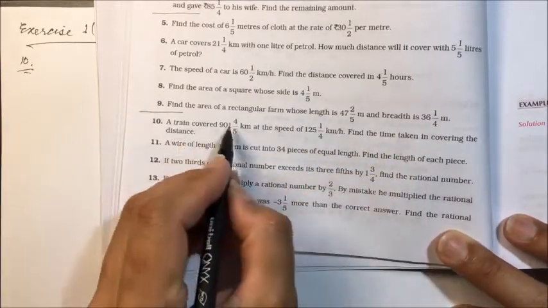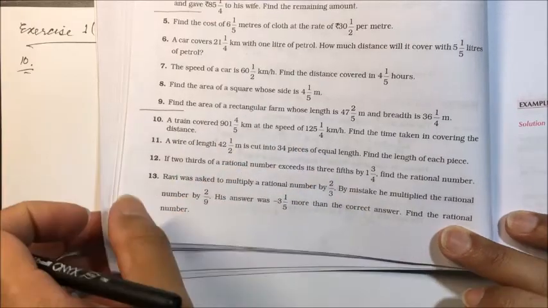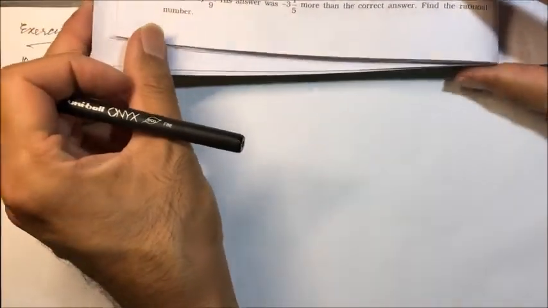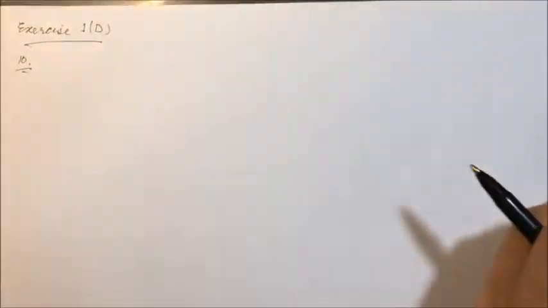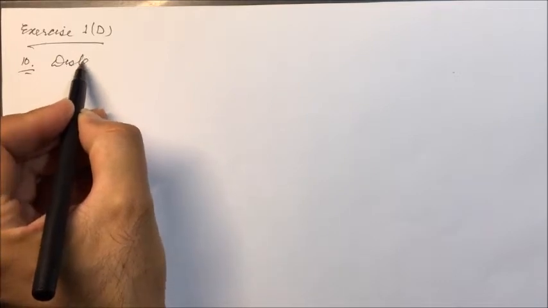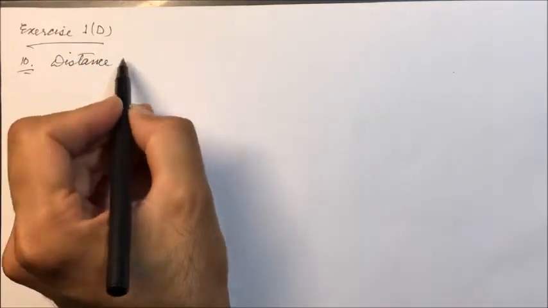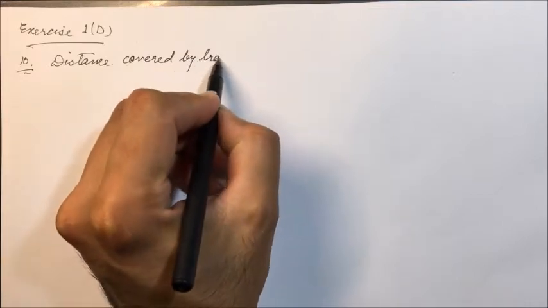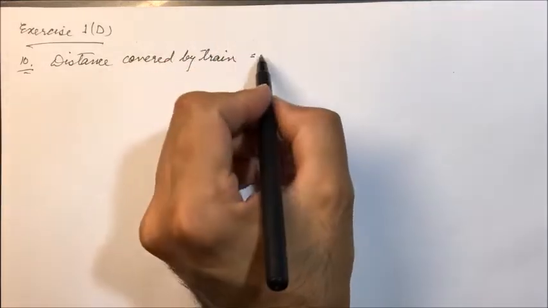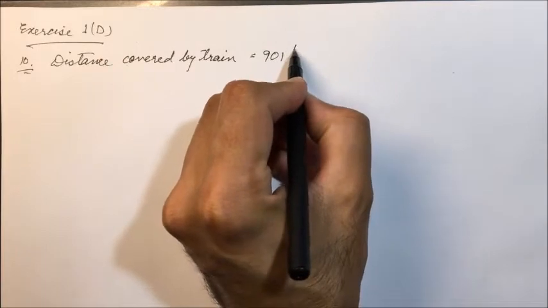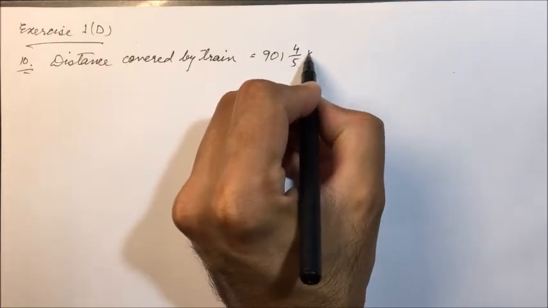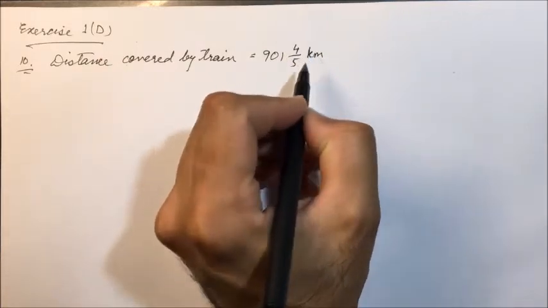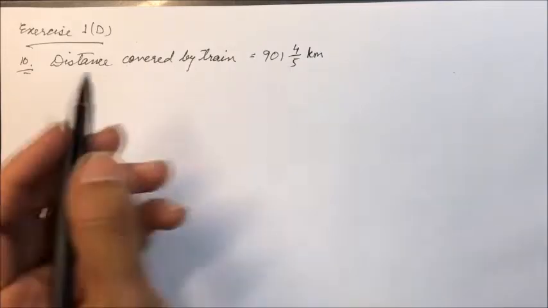So first we will write what is being given in the question. Distance covered by train equal to 901 4/5 kilometer. So this is the distance covered.